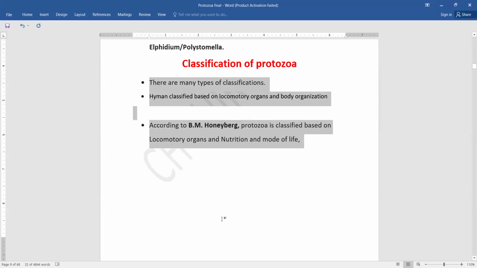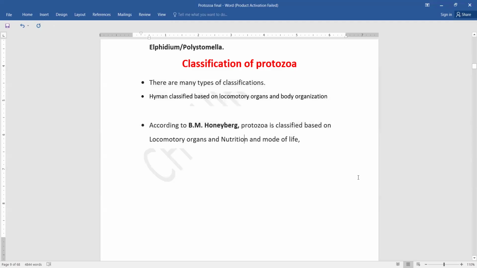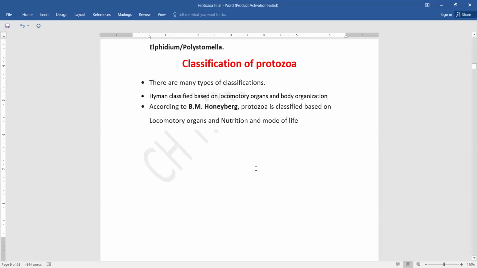Yeah. So there are different types of classification of protozoa because it is a very huge phylum, with lots of variations among the organisms of this phylum.